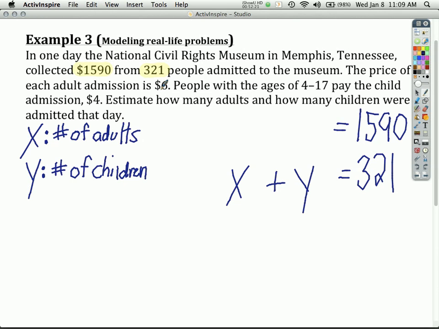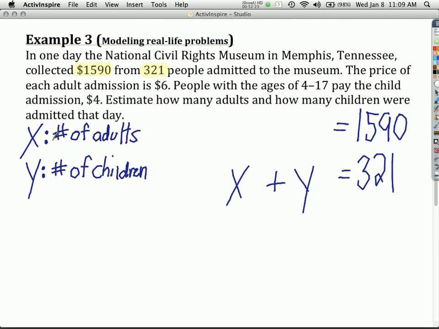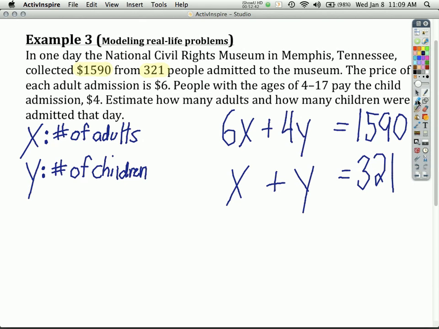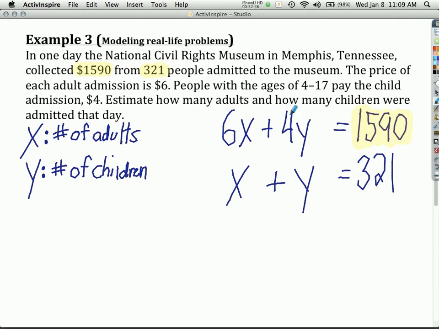So the adult admission is 6, and so to find out how much money that's worth, we take the x times the 6 to get 6x. Then we have to add on how much was spent for children, and that's 4 times the y. You can tell which equation should have the money because this is an amount of money, so we need to use the money in the equation. This is not an amount of money, so we don't need the money in this equation.